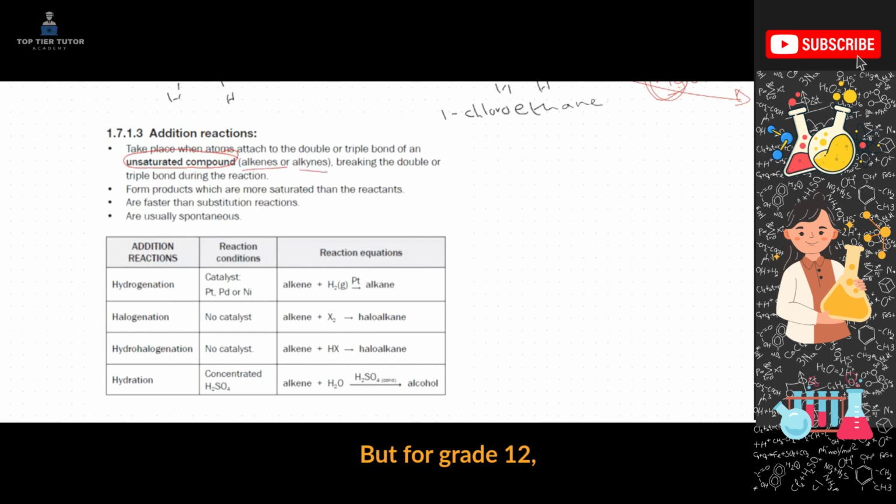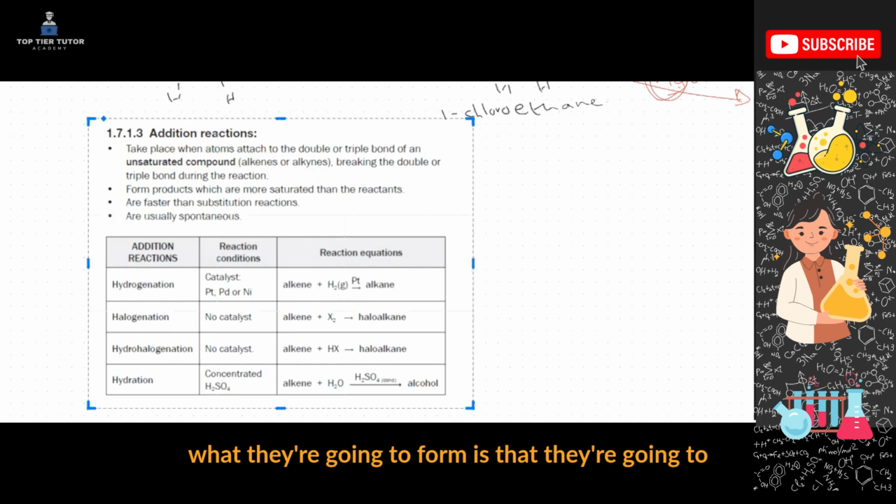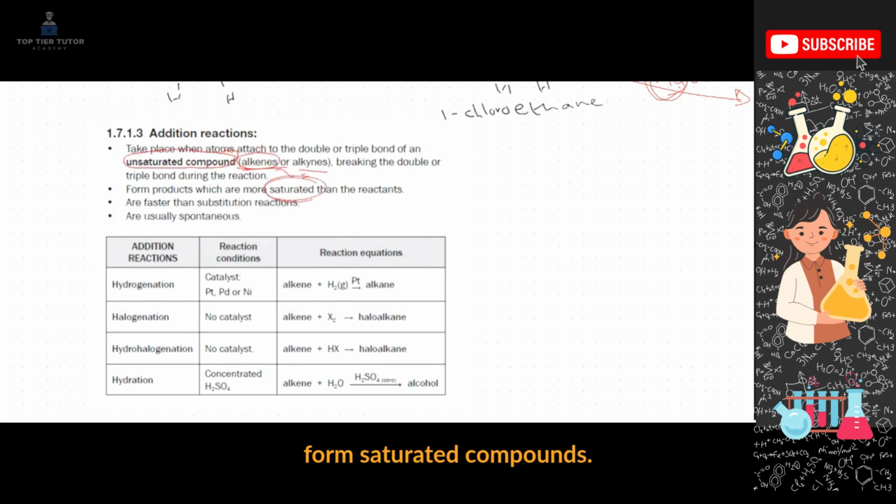But for grade 12, we only focus on alkenes. These are the ones with the double bond. What they're going to form is saturated compounds. These reactions are faster and spontaneous, so they do not require heat, but some of them require catalysts.